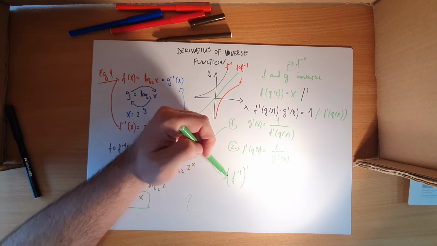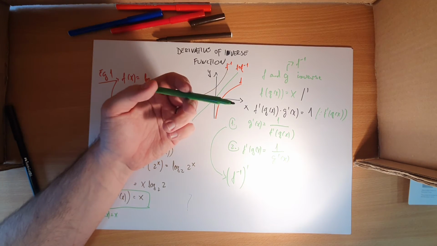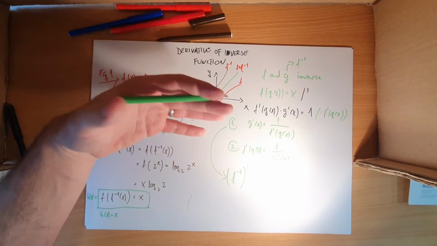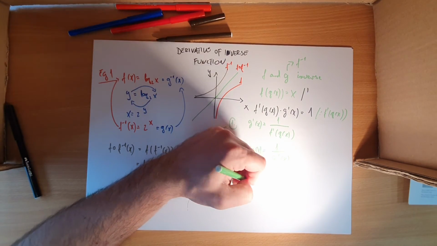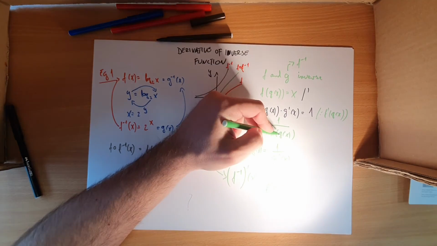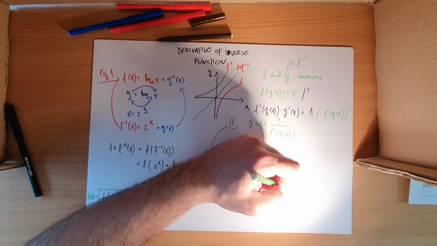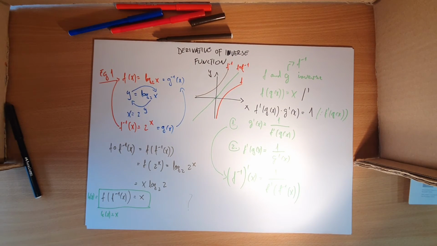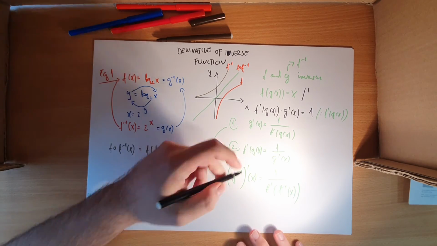F to the power of -1 is the name of the inverse function. So the derivative of the whole thing of x is equal to 1 over f derivative. G of x now is going to be f to the power of -1 of x. And this is the form that you can use in the end.